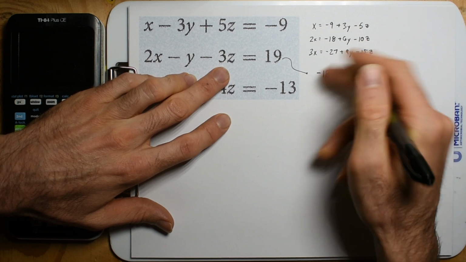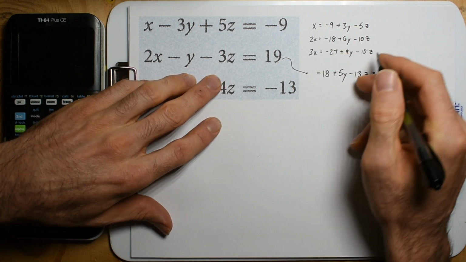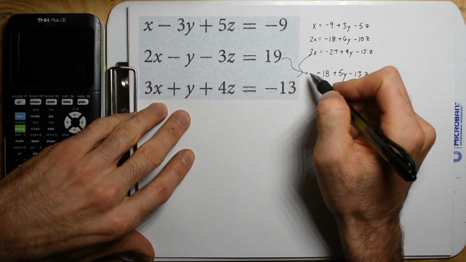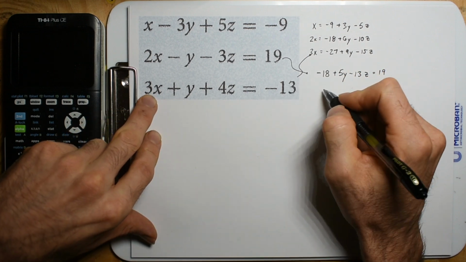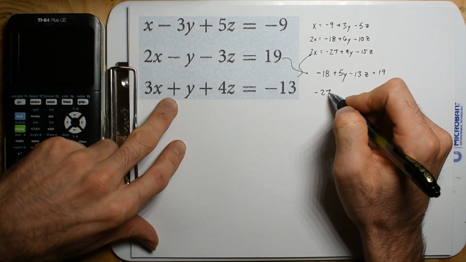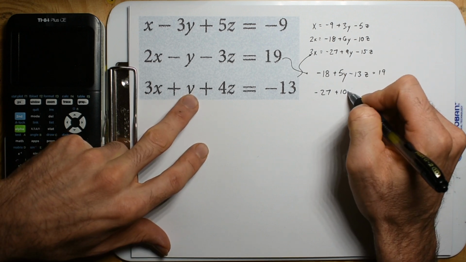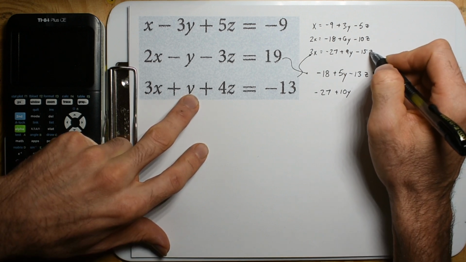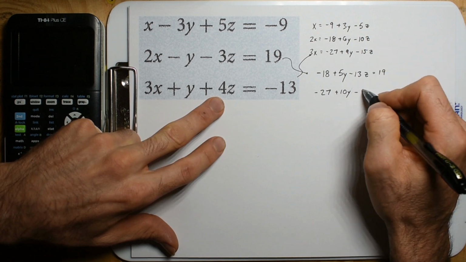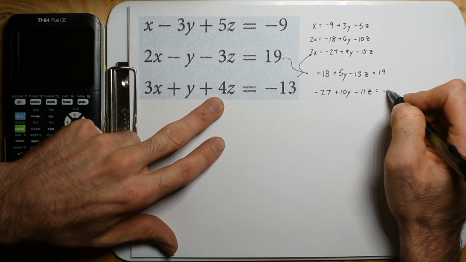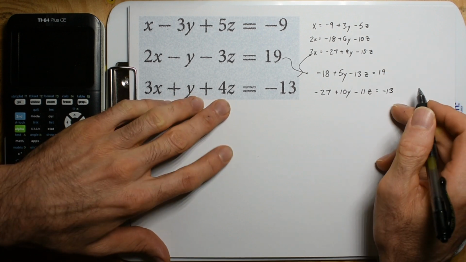Alright, so we did a couple steps at once. Not too crazy. And now for this one, we're going to throw it in here. So we're going to have negative 27 plus 9y plus another y, so that's going to be plus 10y, minus 15 plus 4, that's going to be minus 11z, is equal to negative 13.